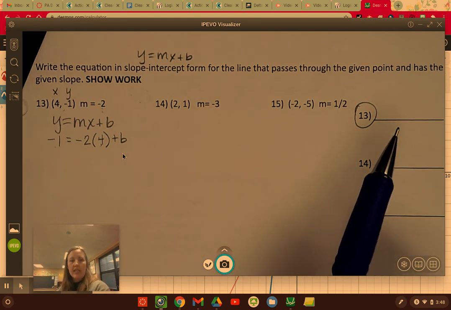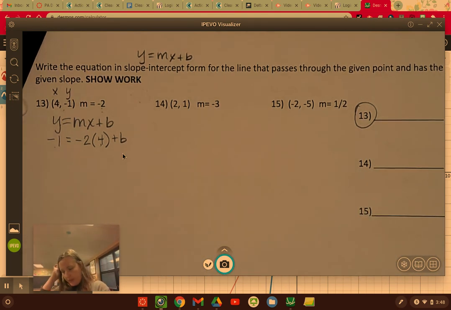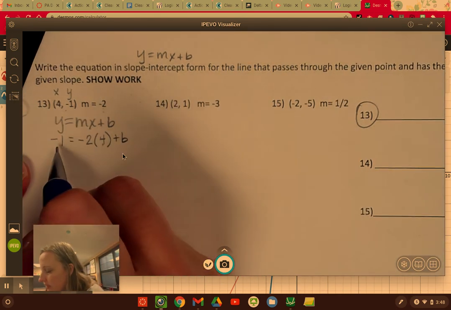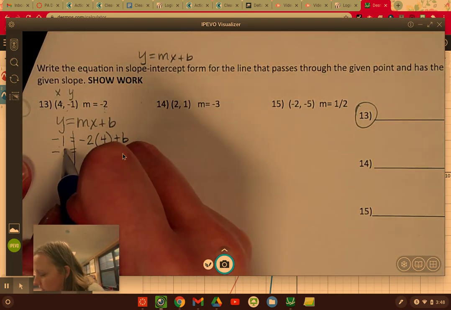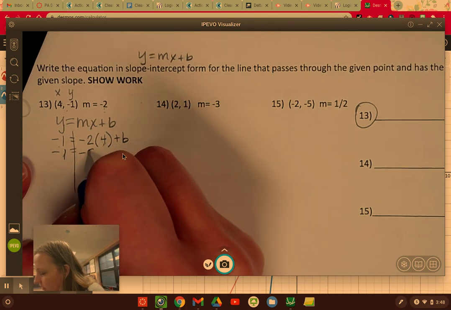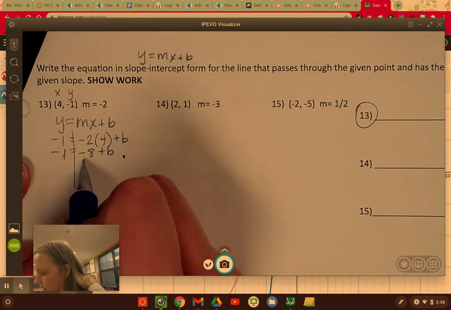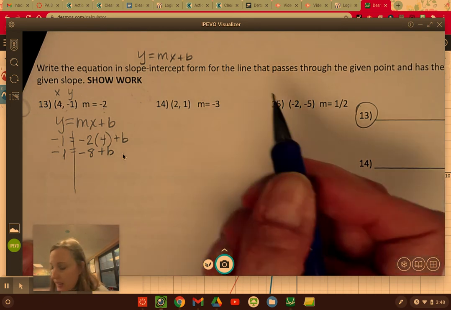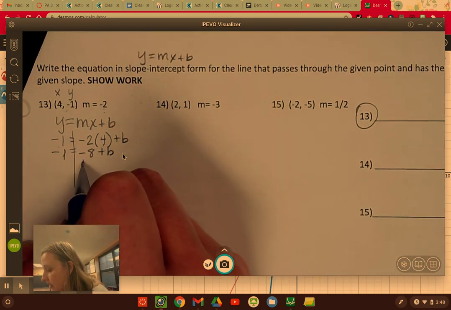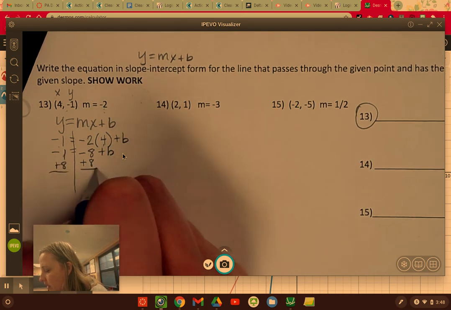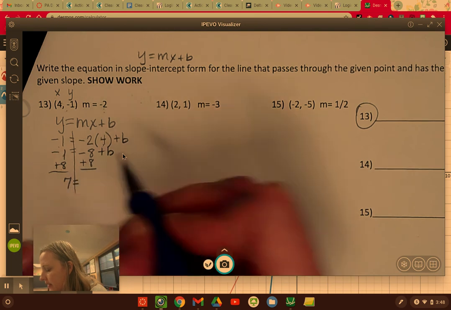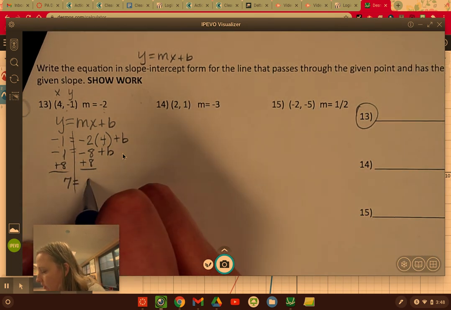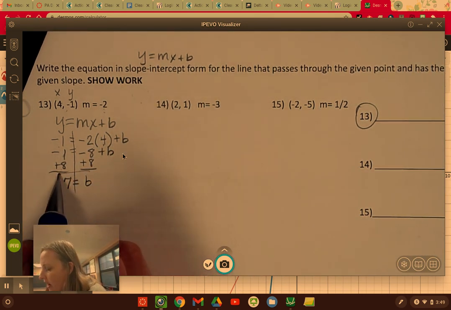So I'm going to solve. -1 is equal to -2 times 4, which is -8, plus b. Let's just get b by itself. Let's isolate the y-intercept. -1 plus 8, that's a positive 7, I think, right? And then equals b. So we solve for b.